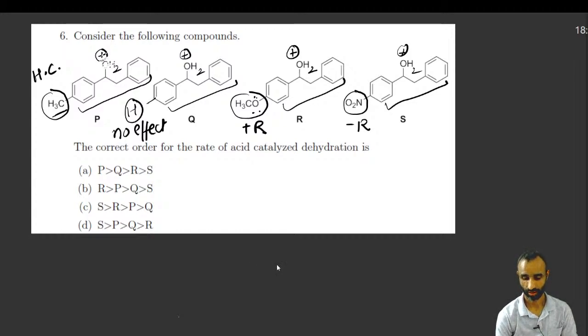There is a removal of OH, and carbocation is formed.